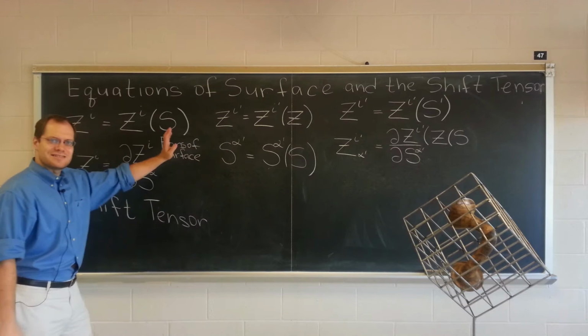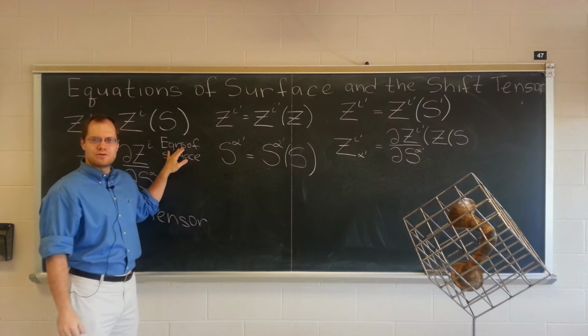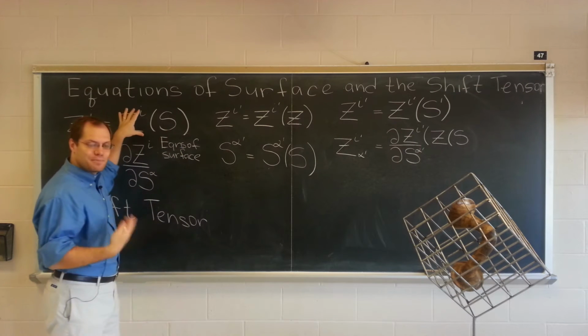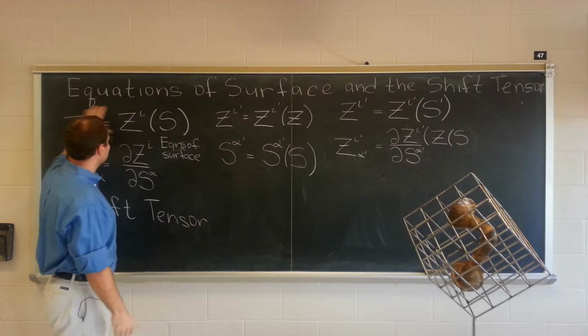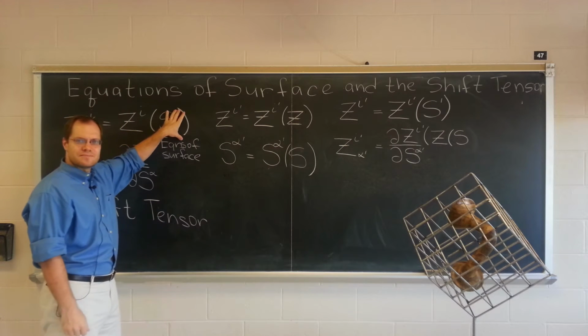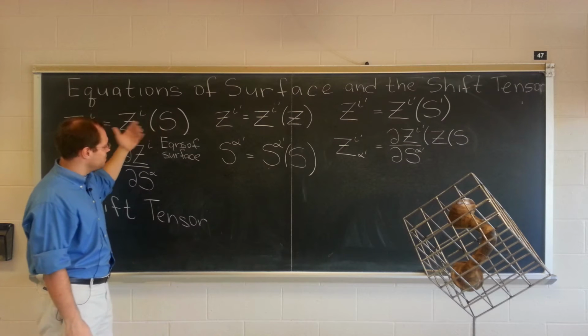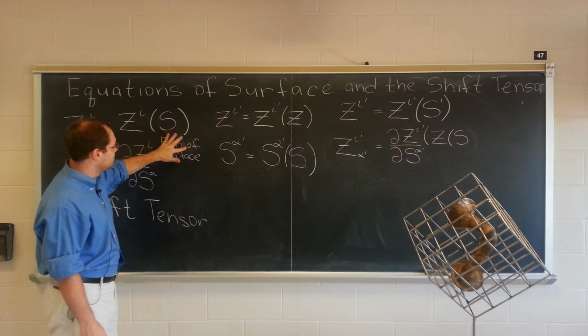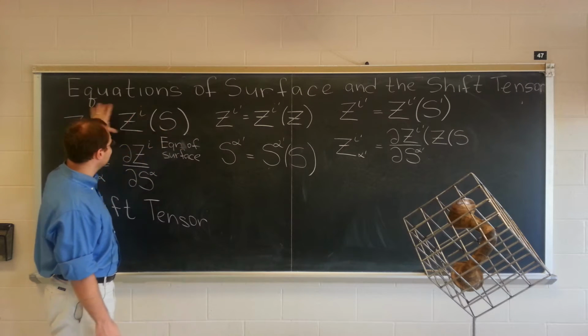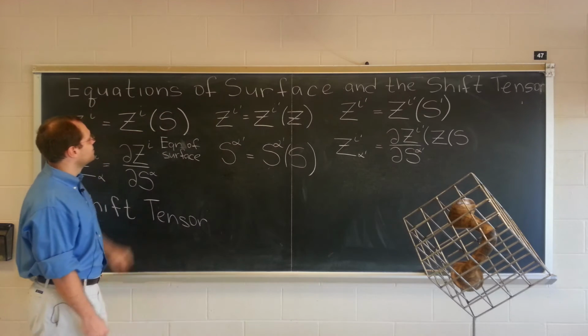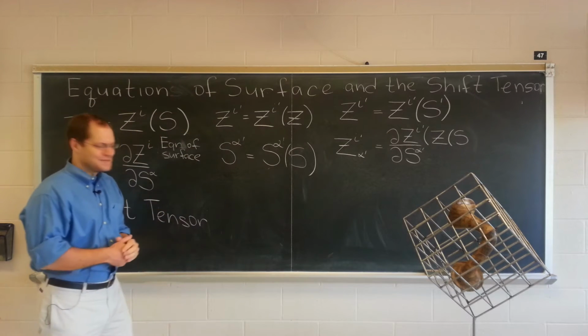In tensor expressions, I never know whether to use the plural, because one of the points of tensor calculus is to combine equations into one. So this does represent 3 relationships, but maybe it's a single equation. So let's be truer to the spirit of tensor calculus and call it the equation of surface.